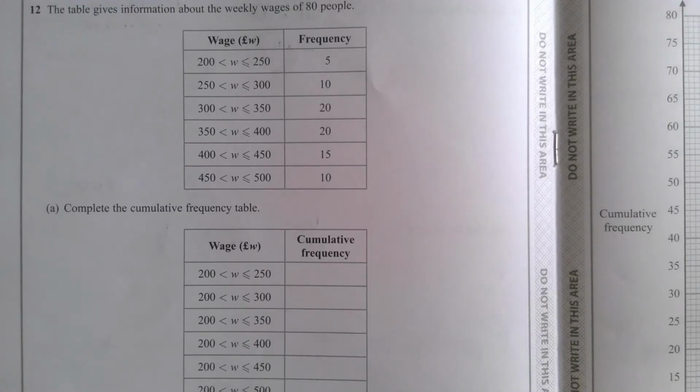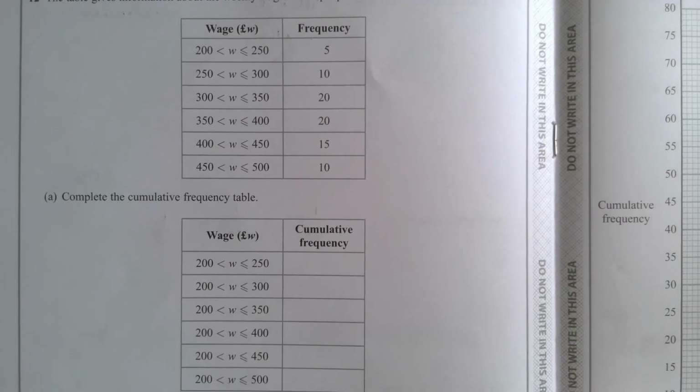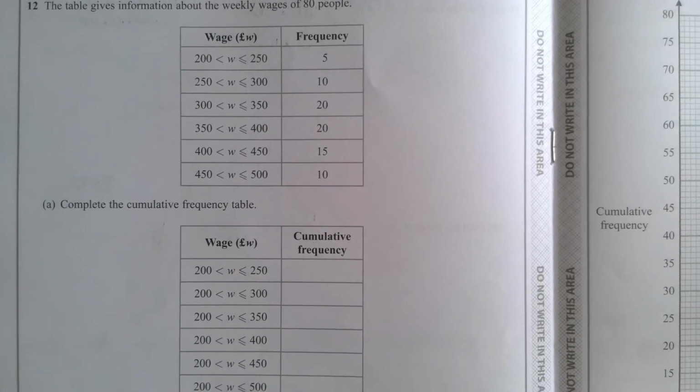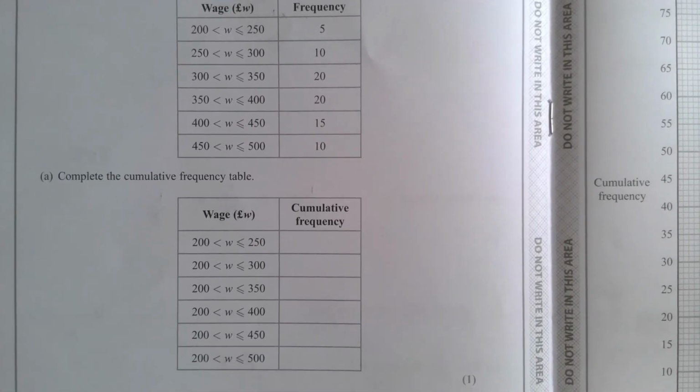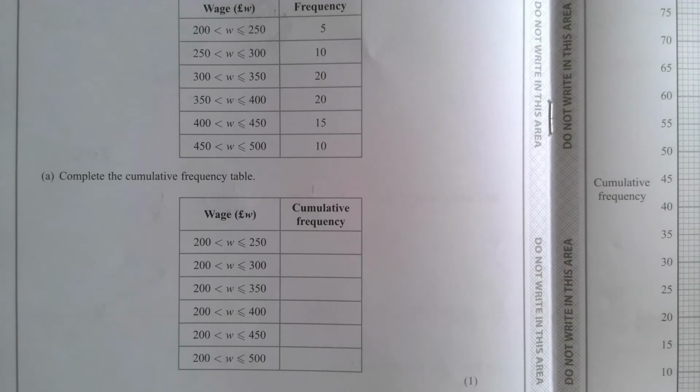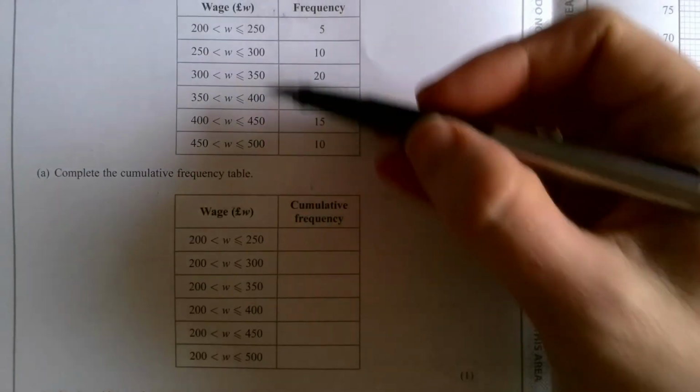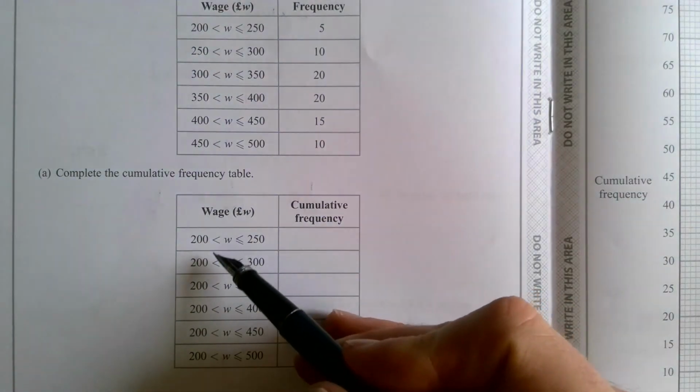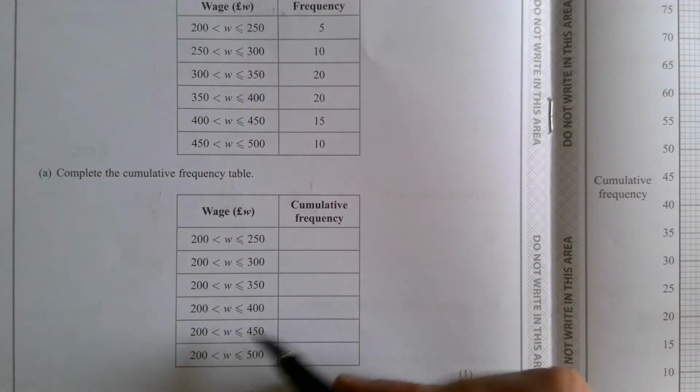Question 12, cumulative frequency. Well, it's quite difficult to get the whole thing on the page, but anyway, we'll give it a go. So first thing, only for 1 mark, is to fill in about these 80 people the cumulative frequency table. Hopefully you've spotted on the cumulative table, as opposed to the first table, on the left hand side it says 200 every time.